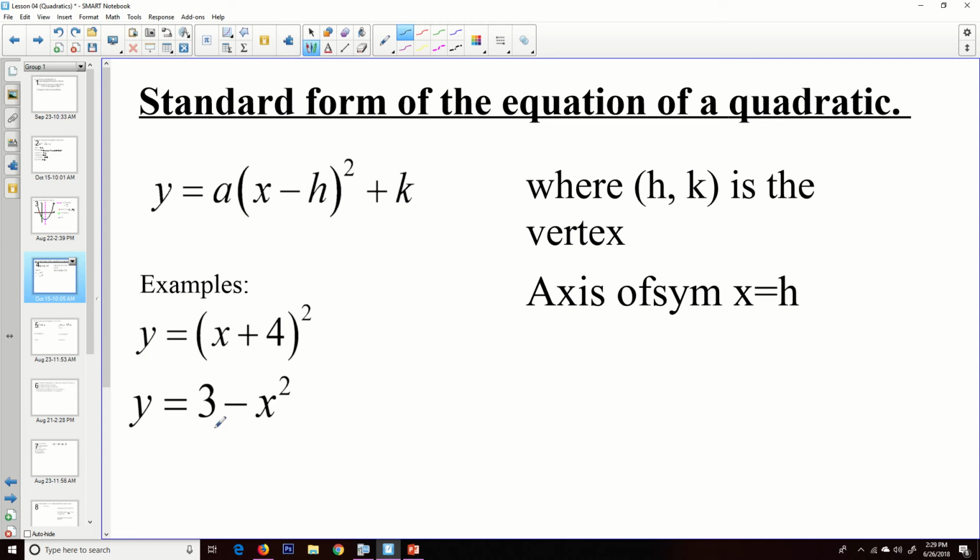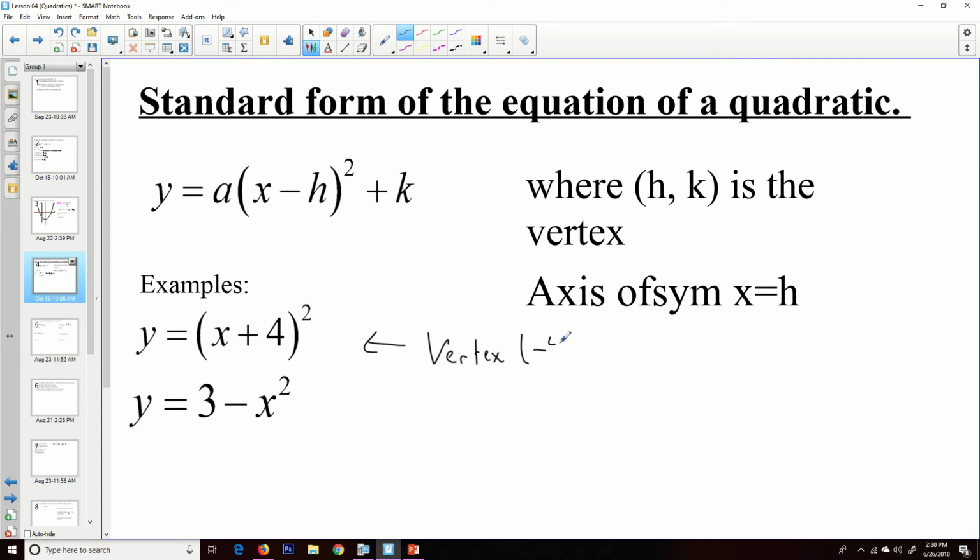Now here are two simple examples that don't necessarily look like a standard form, but they are. In this particular case, in the standard equation we get x minus h. Well, to get a plus here, that would mean that the h would have to be negative. So I would have x minus negative 4, simplified would be x plus 4.